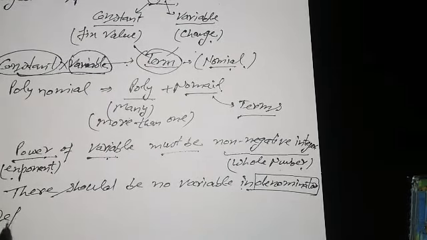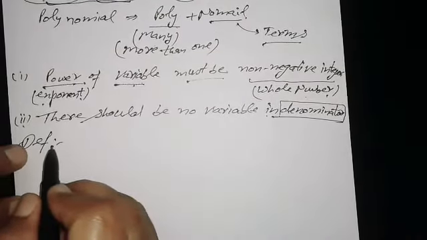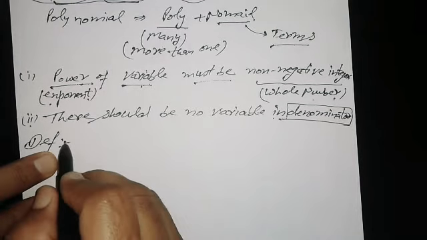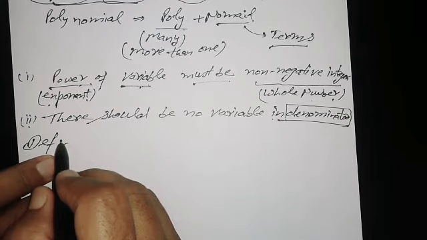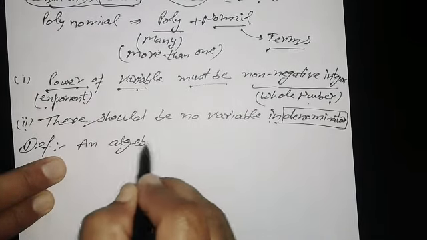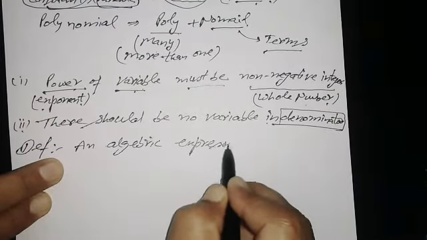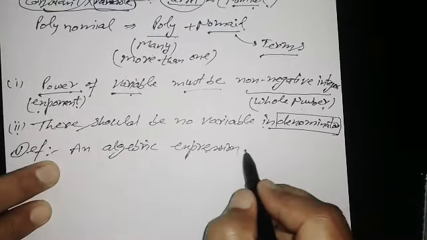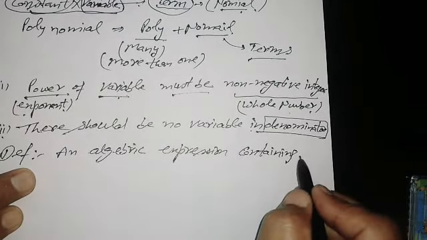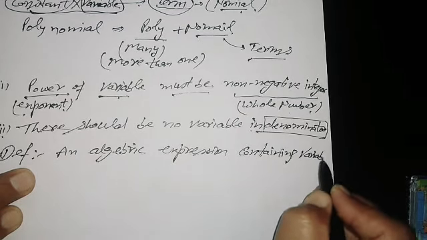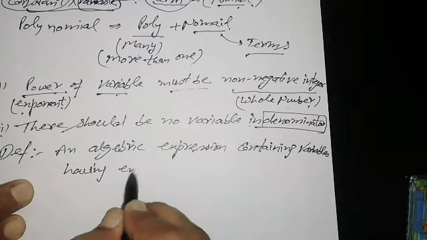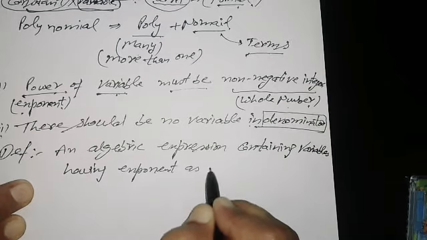So what would be the definition? A polynomial is an algebraic expression containing variables having exponent as a whole number.